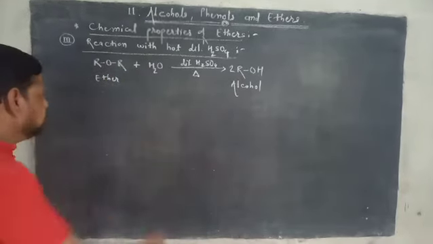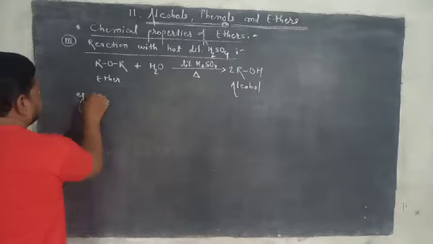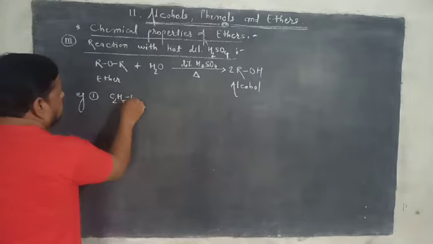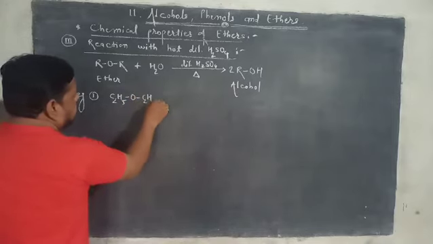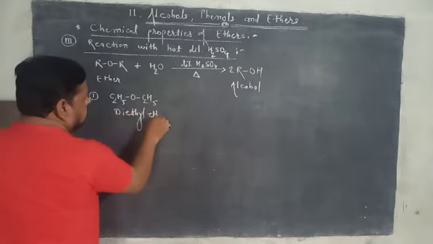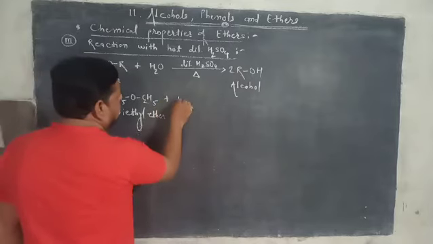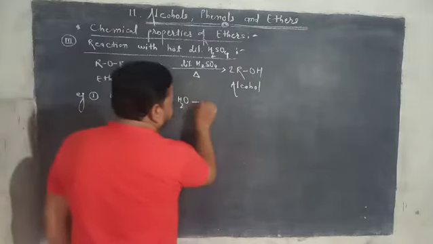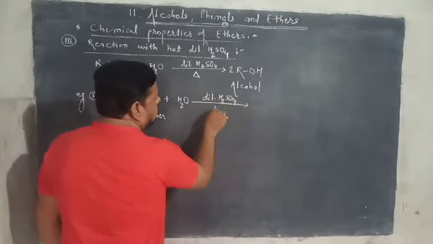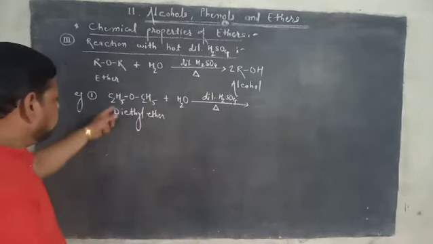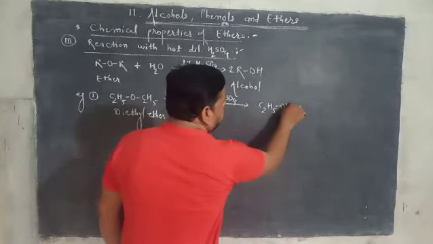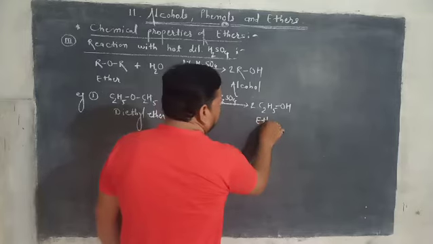For example, first a simple ether, diethyl ether. This diethyl ether gets hydrolyzed by dilute sulfuric acid, then it gives ethyl alcohol.